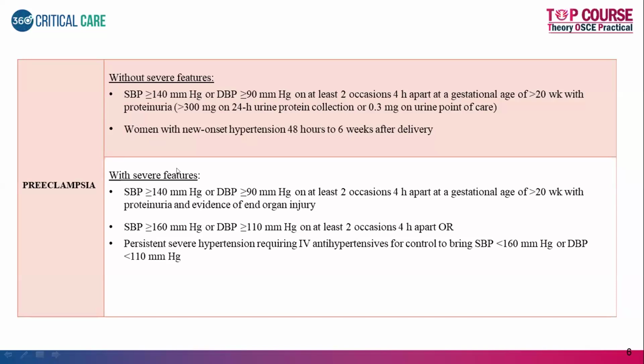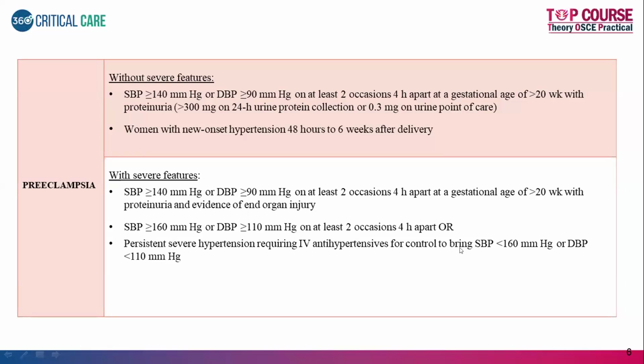Now with severe symptoms. With severe symptoms means along with the proteinuria, there is evidence of end organ injury. If there is an end organ injury, then it is severe preeclampsia, or your BP is more than or equal to 160 mmHg systolic and your diastolic BP is more than or equal to 110 mmHg on at least 2 occasions 4 hours apart, or persistent severe hypertension requiring IV antihypertensives to control your systolic or diastolic blood pressure.